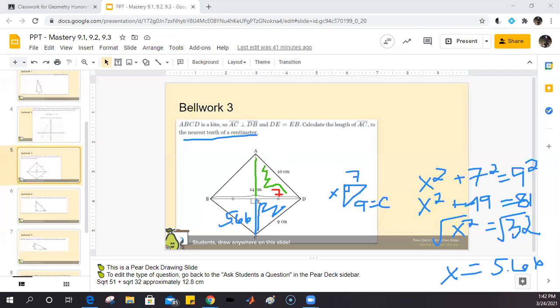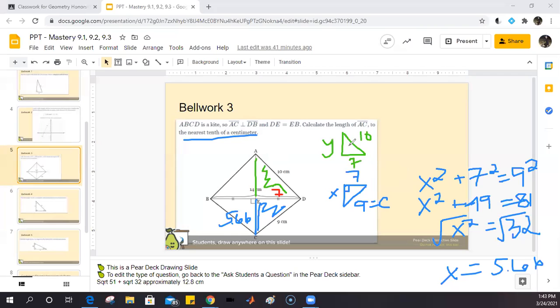And now let's do the same type of thing with our green triangle. We got a 10. We got that same 7. I'm going to call this Y. Now we know that's number 7.